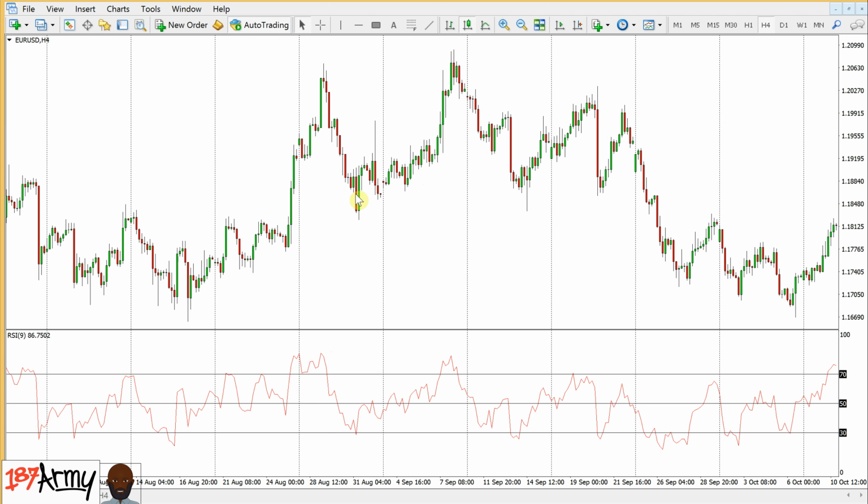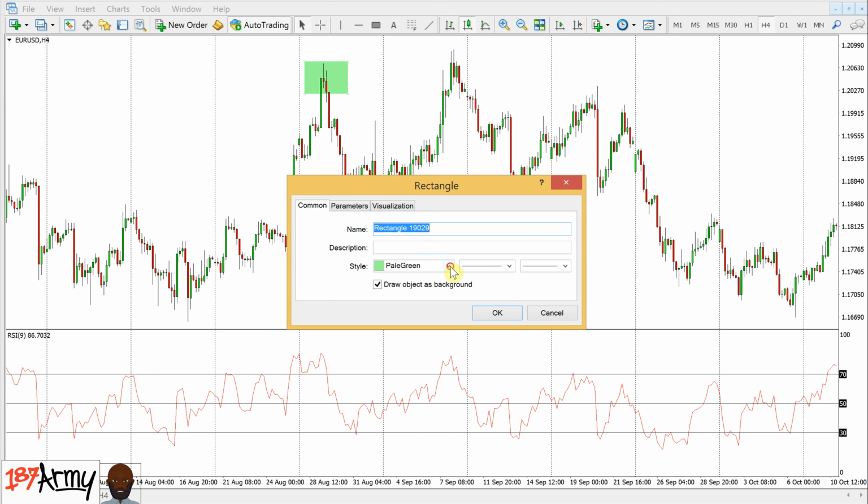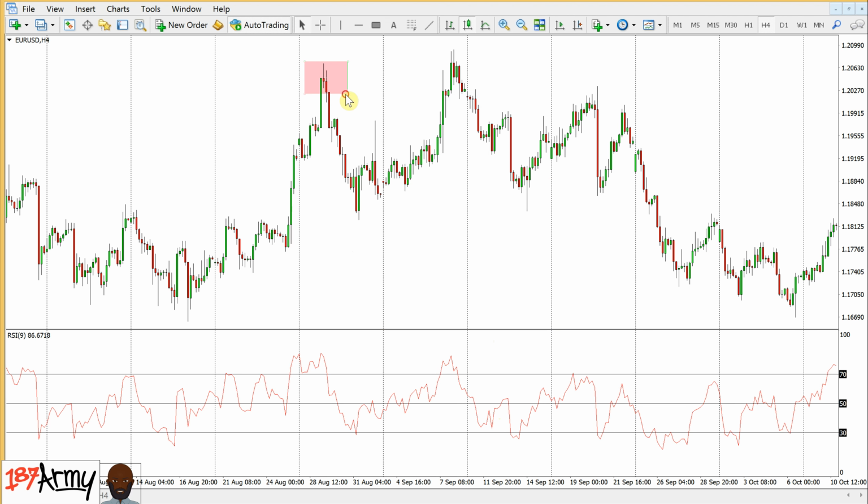This is an example, but yes, this is a good example. You don't always have clear examples, but here is a very good example anyway. So now I'll identify the two high points. I'll be using red this time because it's bearish divergence, or pink. Those two points here, and those two points here.